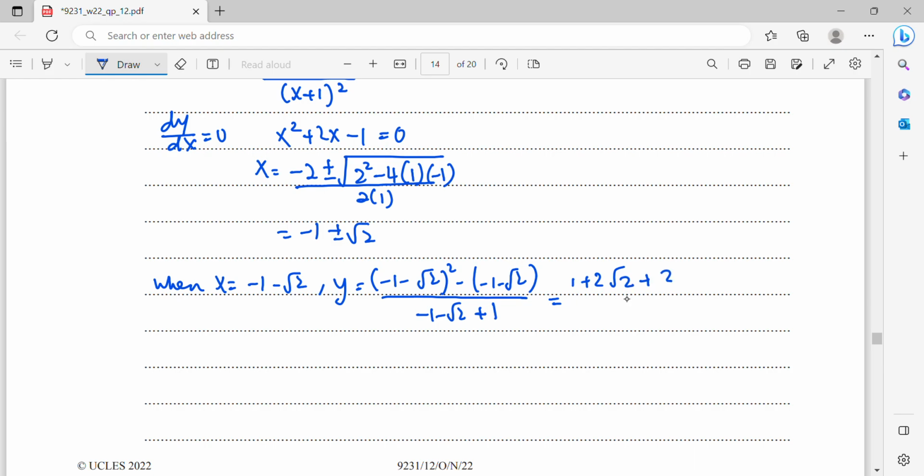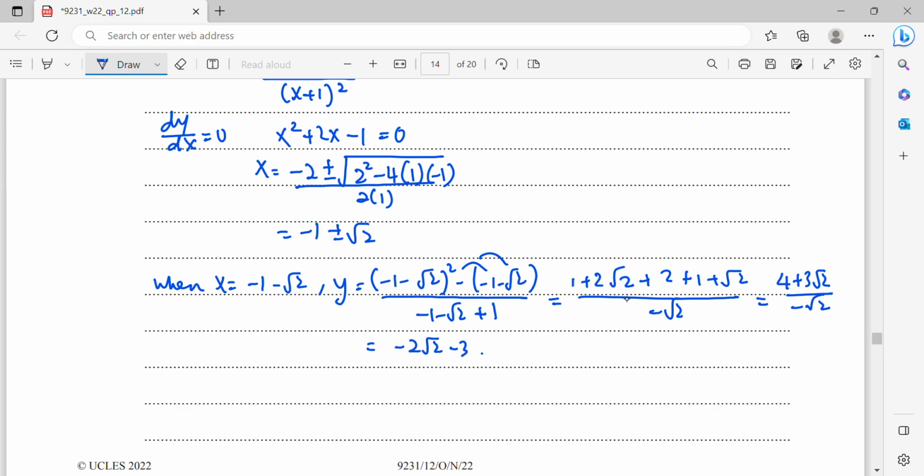Okay, when you do expansion, then move in the negative, plus 1 plus root 2 over negative root 2. So at last, you'll be getting 4 plus 3 root 2 over negative root 2. All right, so you may further simplify to negative 2 root 2 minus 3.